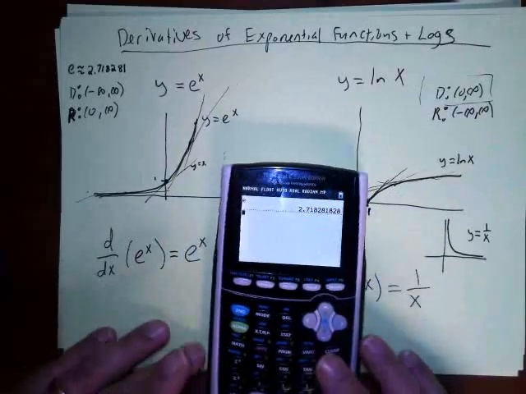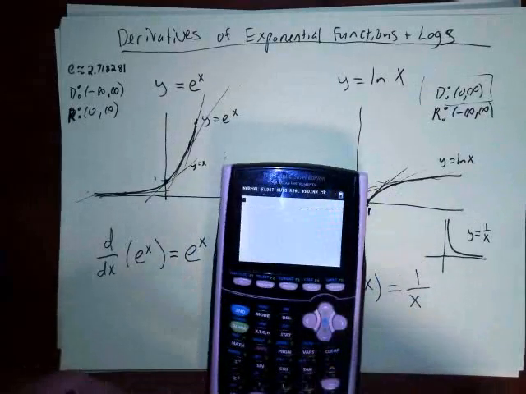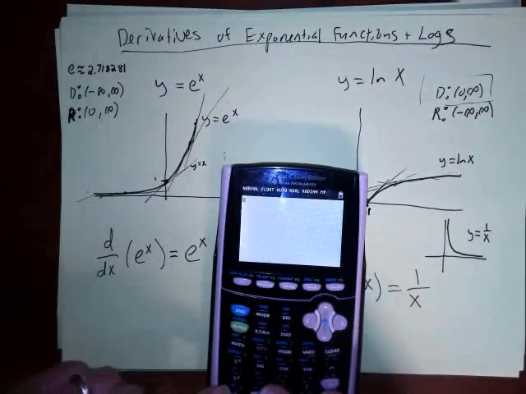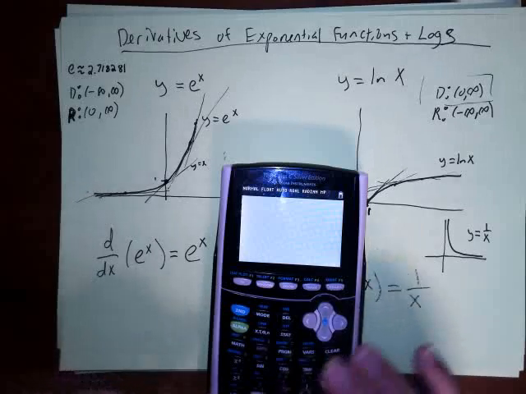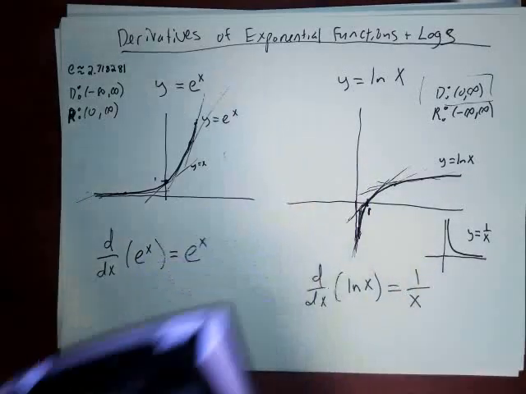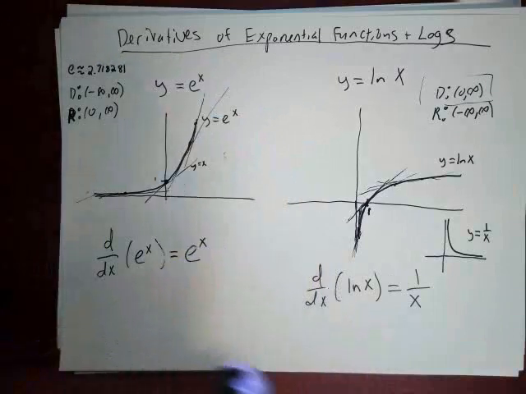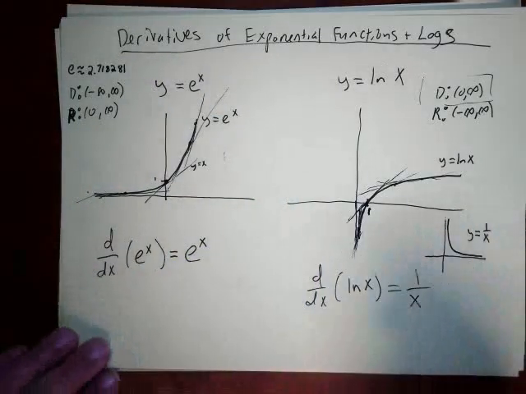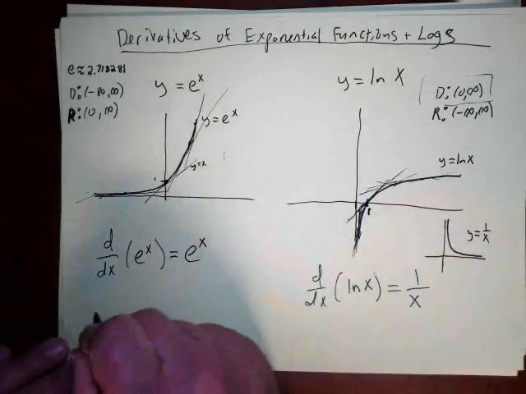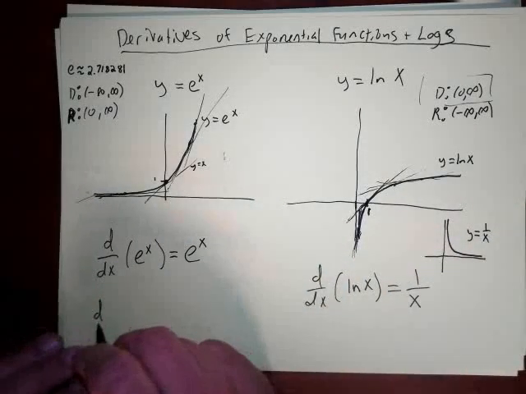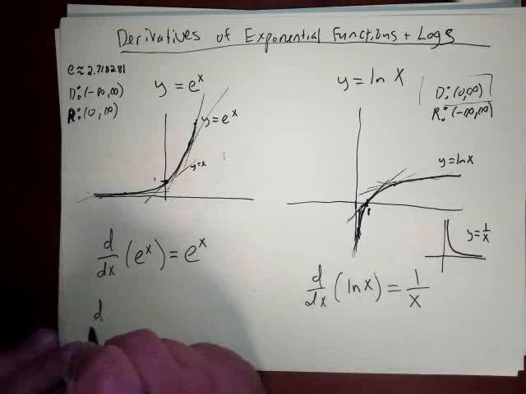If you remember, there were only those two buttons. It actually has a common log and a natural log button, but you can use those two buttons to find any other logs.